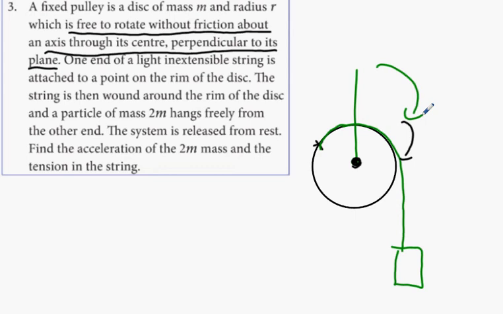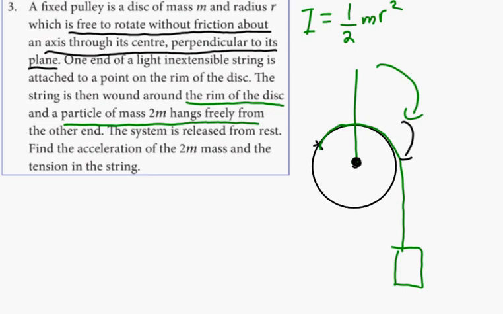Now, what's the moment of inertia of the disc? It's a disc of mass m, radius r, spinning at its center. A half mr squared. Now that that's dealt with, the string is round the rim of the disc, and a particle of mass 2m hangs freely from the other end.